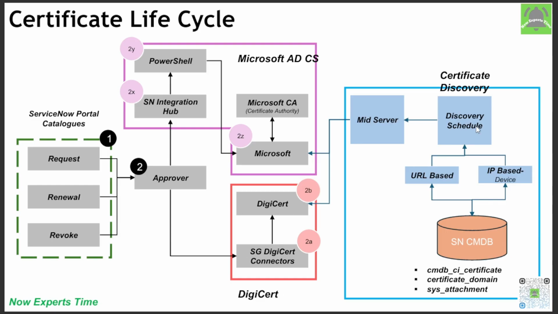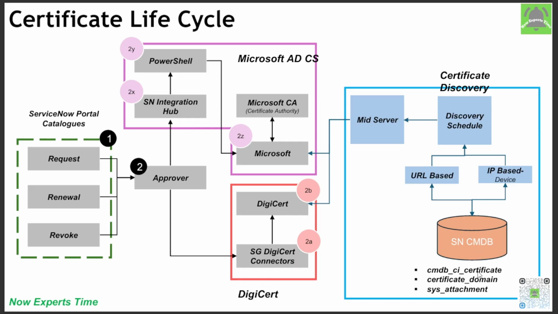Second thing, once you select the discovery type as certificates, then is it a URL based discovery or IP or device based discovery? That information also we need to give. So this item is a tightly coupled item. Once it is done, you can run the discovery and see the flow into the ServiceNow CMDB portion.